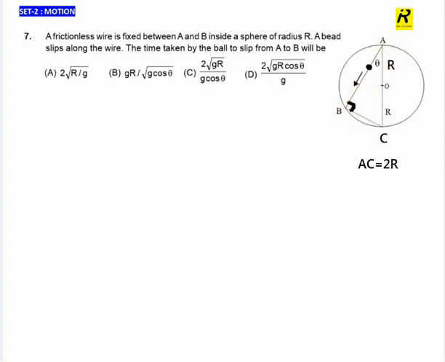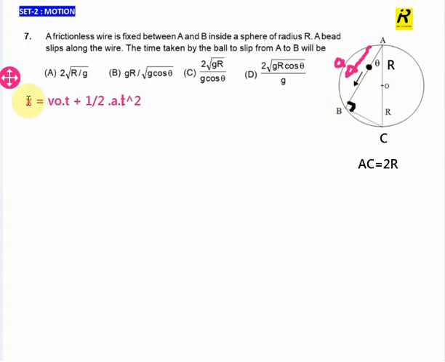So let me first calculate the acceleration along this line. So that acceleration I am calculating by means of finding A. As we know, x is equal to V0 into t plus half A T square. So this is the thing we know. In standard form we write it like this.